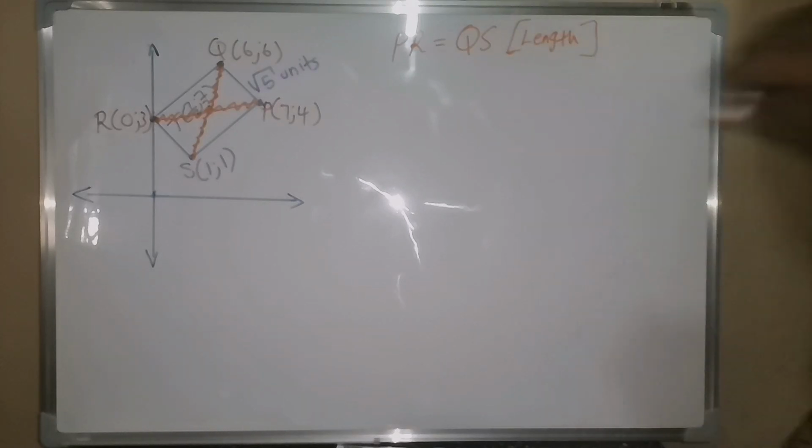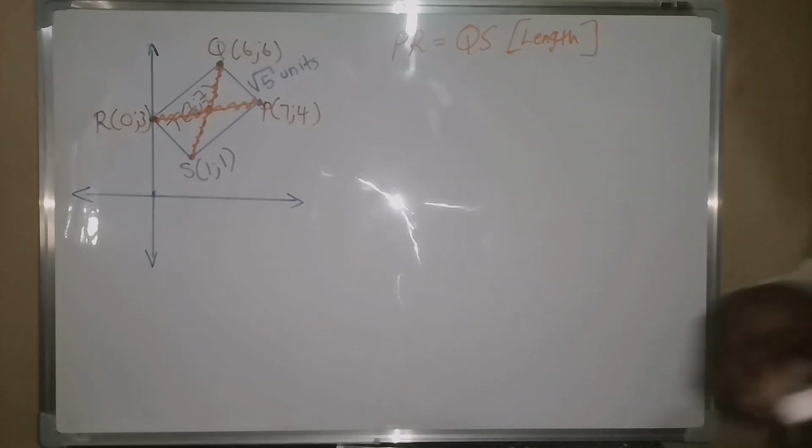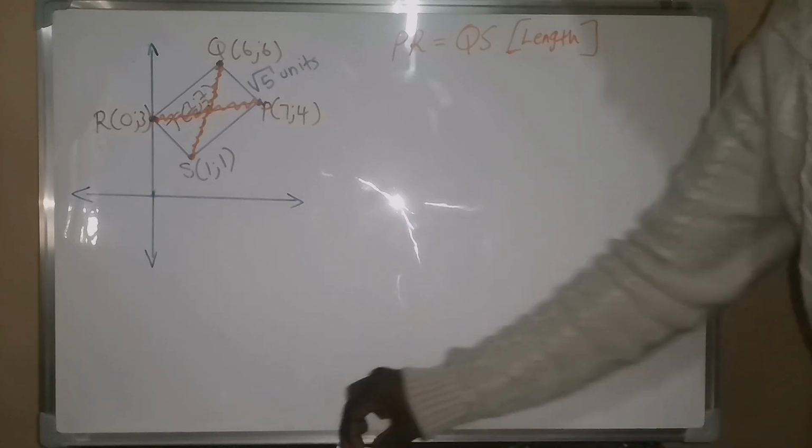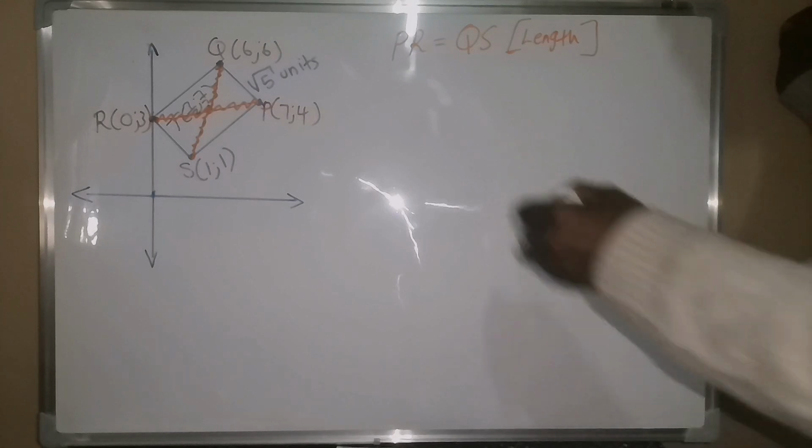That's when I prove that indeed they're equal. For you to prove that PR and QS are equal, you need to find the length of those sides. Very simple. Let's find the length of PR.